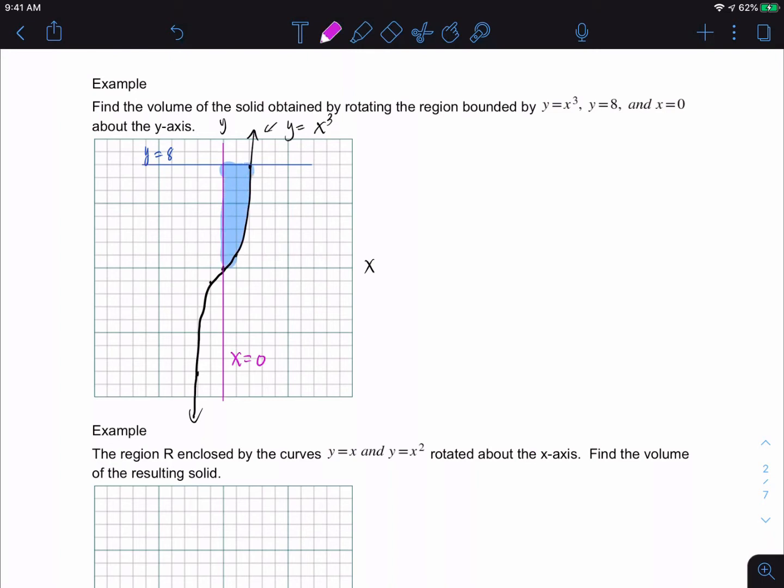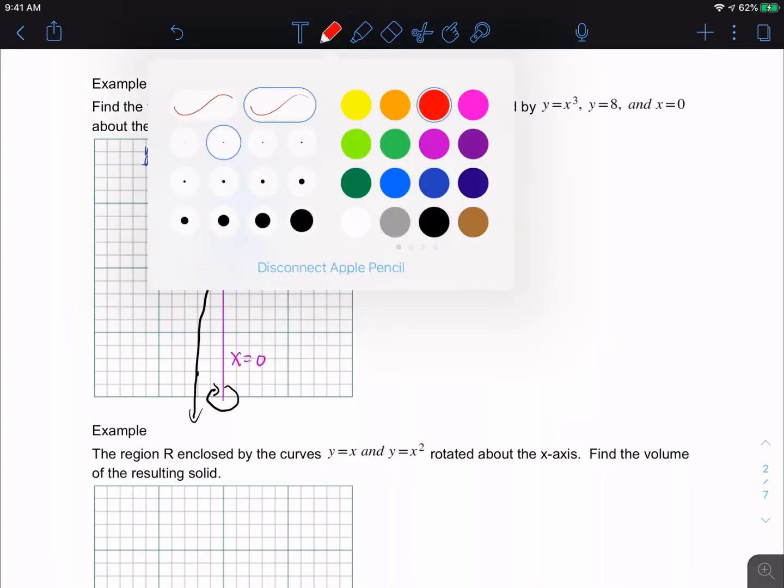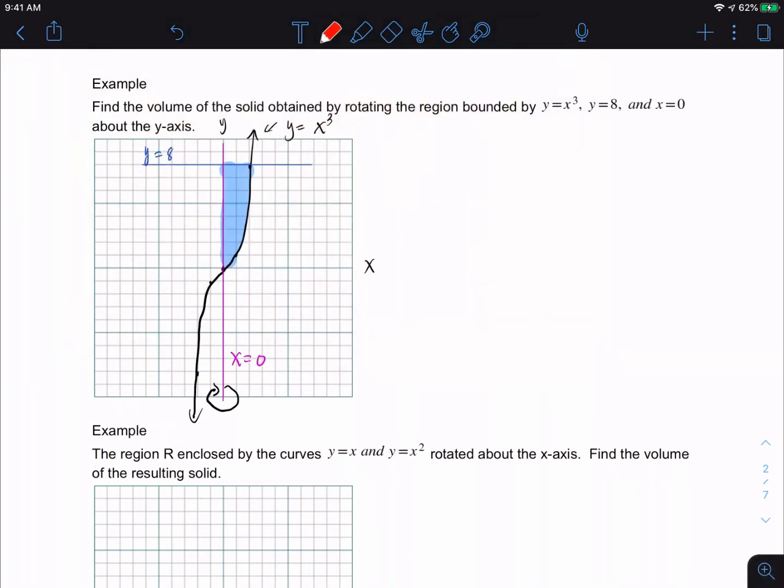This area is going to be rotated about the y-axis, right? So we can think of that shape being wrapped around in a circle. And so the important question here is, do we do a horizontal or a vertical slice?